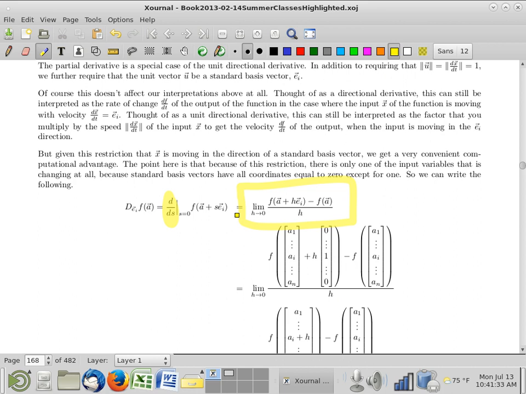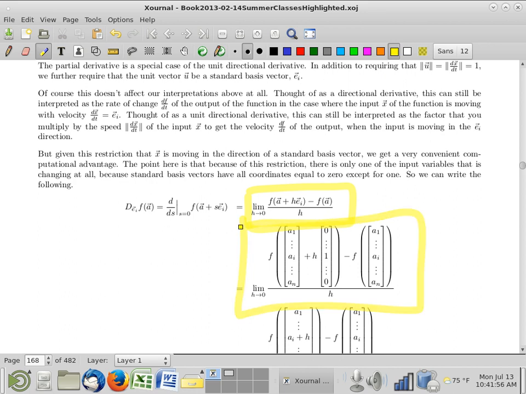Think it through. It's not quite immediate. You've got to write down the definition of a single variable derivative, apply it to this circumstance. This is what you get. Okay. Alrighty. So now I'm going to expand out the various items in this expression here. They turn into this.